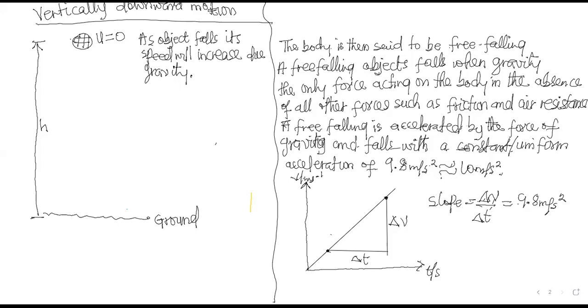This is because they will all be accelerated by this constant value of 9.8 meters per second squared, meaning that at every 1 second, the body gains a speed of 9.8 meters per second.